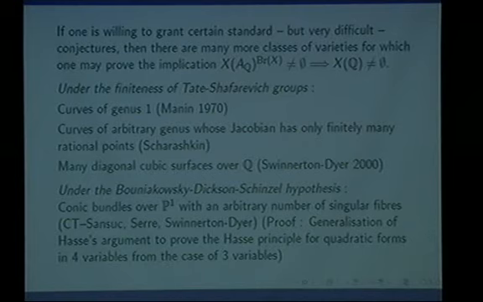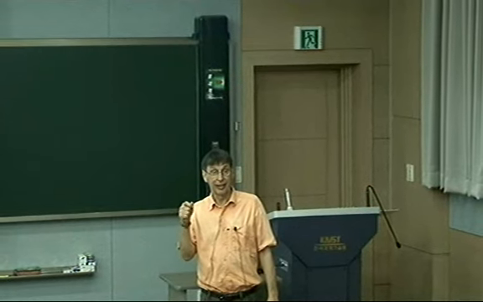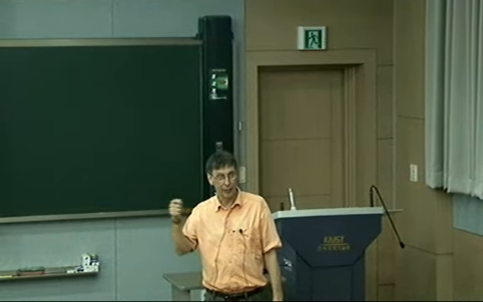You remember that at the beginning I told you that Hasse, to prove the Hasse principle for quadratic forms in 4 variables from the case of 3 variables, used Dirichlet's theorem on primes in arithmetic progression. And that theorem says that if you take a linear polynomial ax plus b, where a and b are coprime, and a is positive, it represents infinitely many primes.